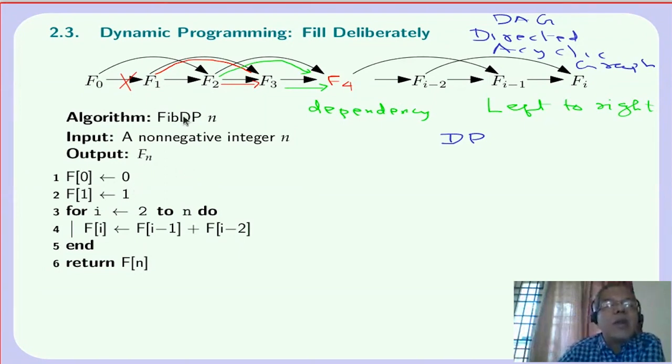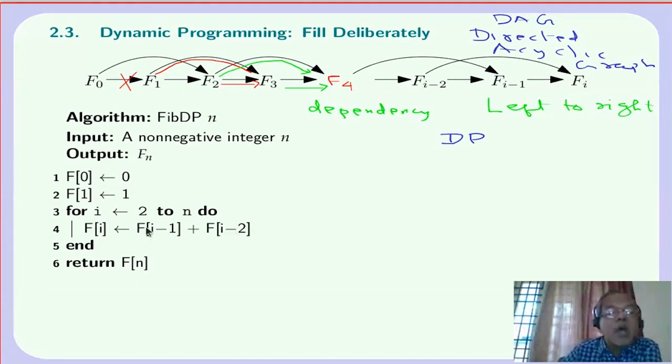I call that Fibonacci DP. F of 0 becomes 0, f of 1 becomes 1, corresponding to base cases. Then all that we have to do is, for i equal to 2 to n, we solve f of 2, f of 3, f of 4, and so on, up to f of n in that order. F of i becomes f of i minus 1 plus f of i minus 2.